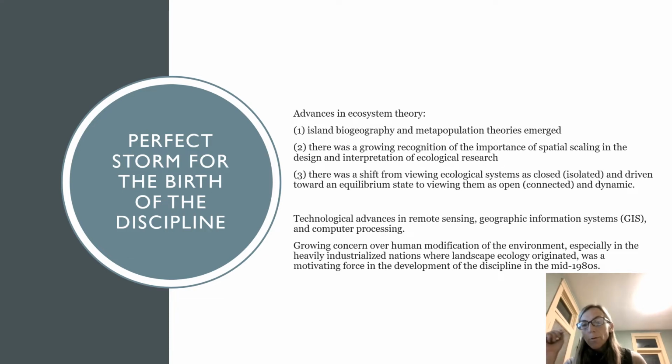This was supported with field research at the time, and the still growing field of ecosystem ecology. There were advances in remote sensing and GIS that were essential, advances in computer modeling, and all that intersecting with growing concern over how humans were modifying the environment, especially in those heavily industrialized nations where landscape ecology first originated.